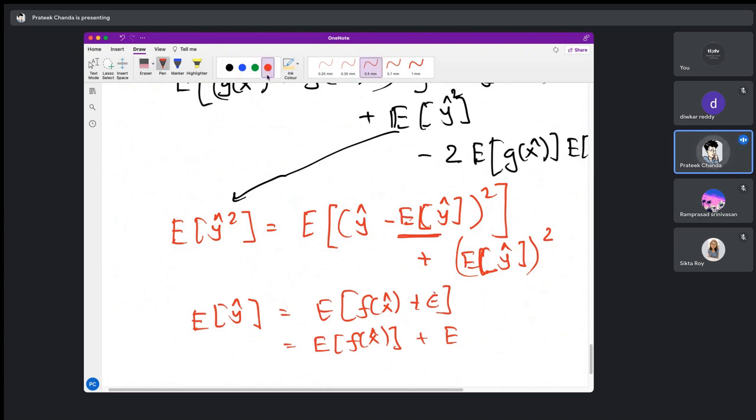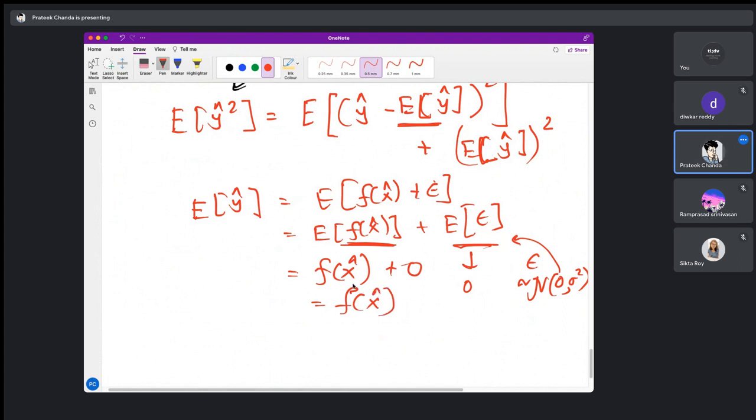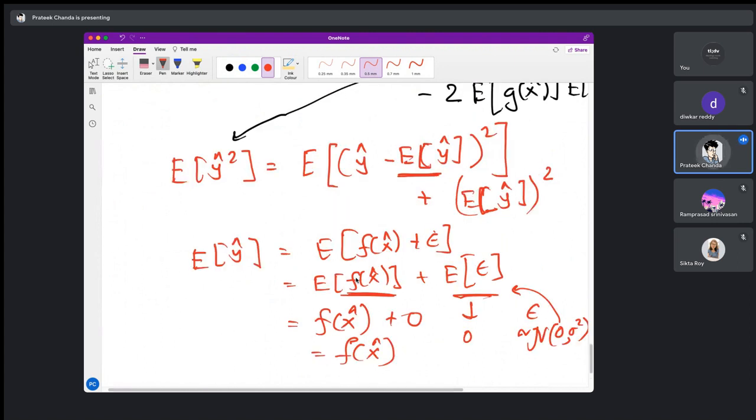This thing is equal to 0, because epsilon comes from a Gaussian distribution with mean 0 and variance sigma square. The mean 0 is the expectation. So this is 0, and this is a constant that doesn't depend upon the expectation. So I'll just have f of x hat plus 0, so just f of x hat. Is this clear?